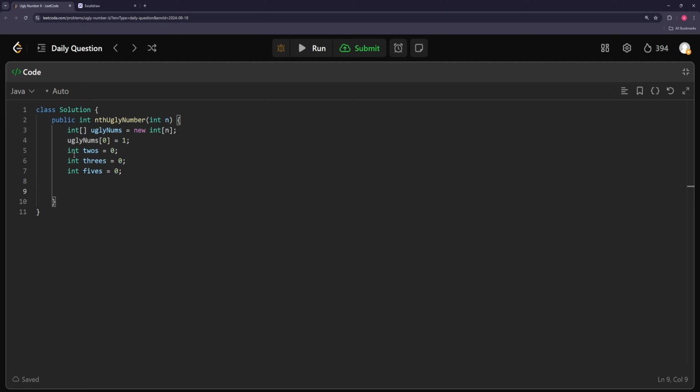Now we're going to loop through our numbers, and we're going to check for the smallest one of these, and then we're going to move them up if needed.